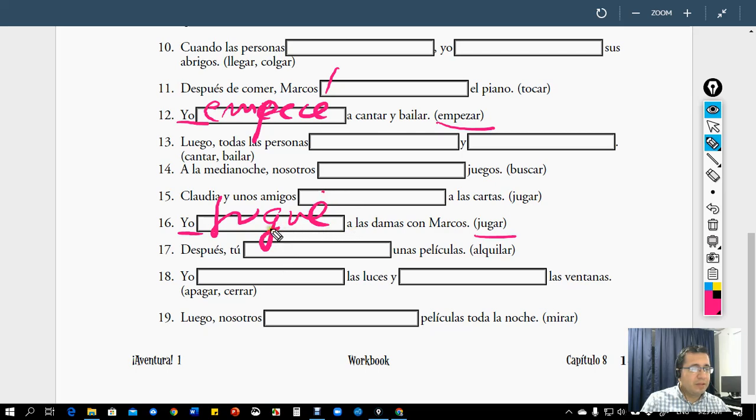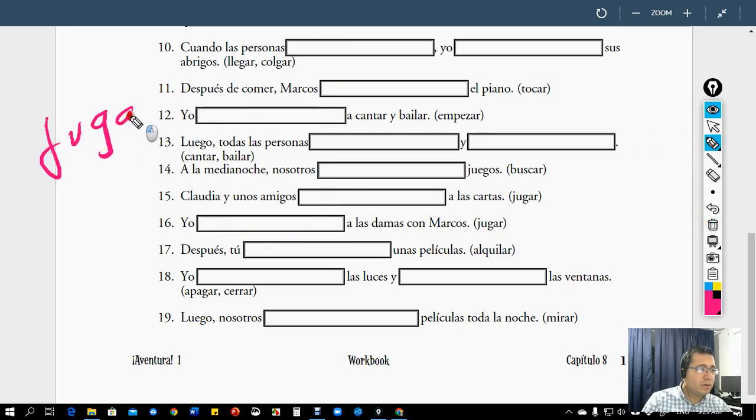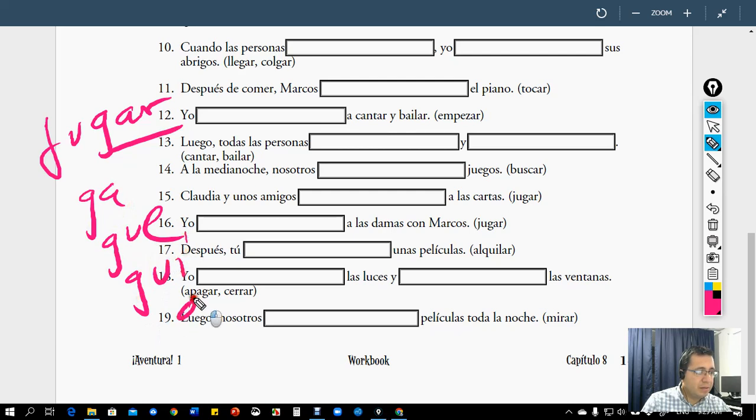Now, even though it's written with Q, this is actually a G. Jugar sounds ga, and so ga, ge, gi, go, and gu.